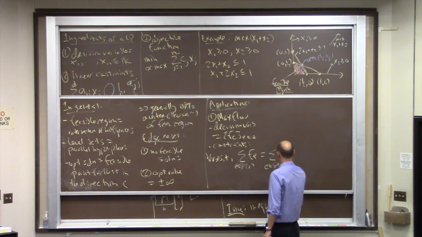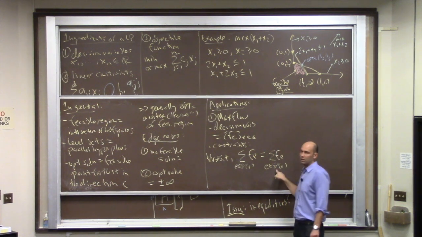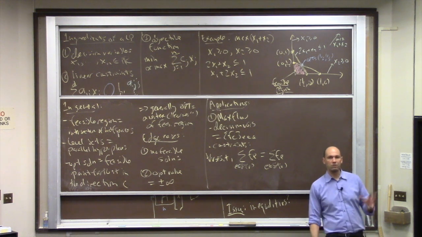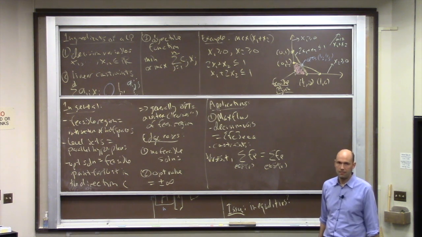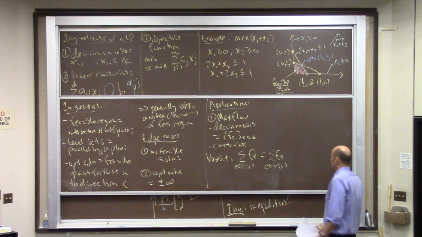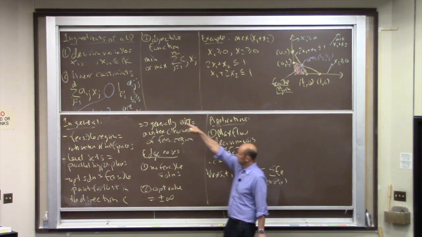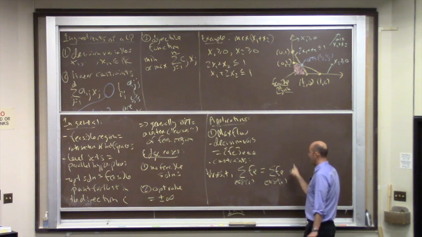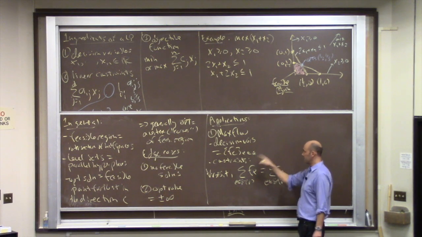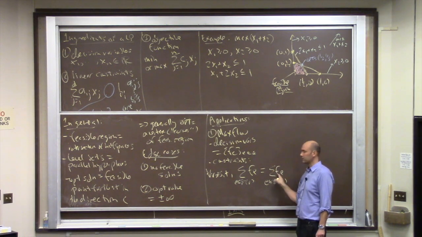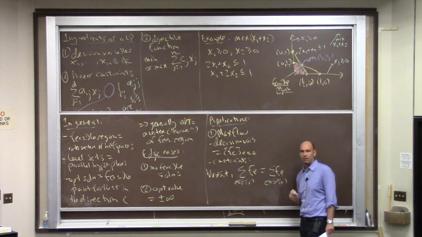Saying that it equals flow out just says that I sum up the flows over the edges outgoing from v and I get the same number on both sides. Strictly speaking, to put it in the form I told you about, I should subtract the right-hand side from both sides and get a 0 here. So this will have a sum of some f_e minus a sum of some other f_e equals 0.